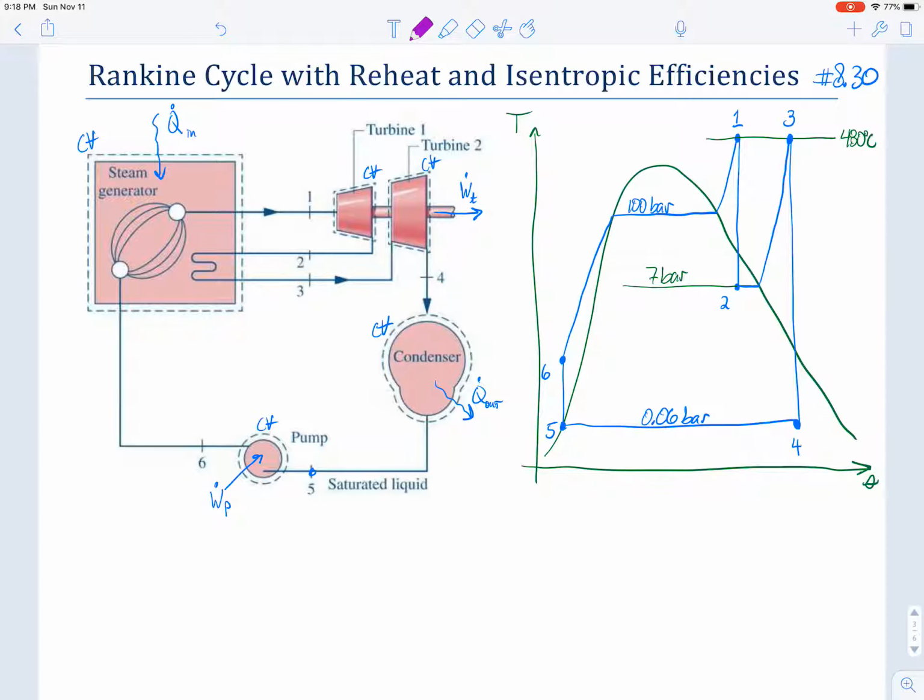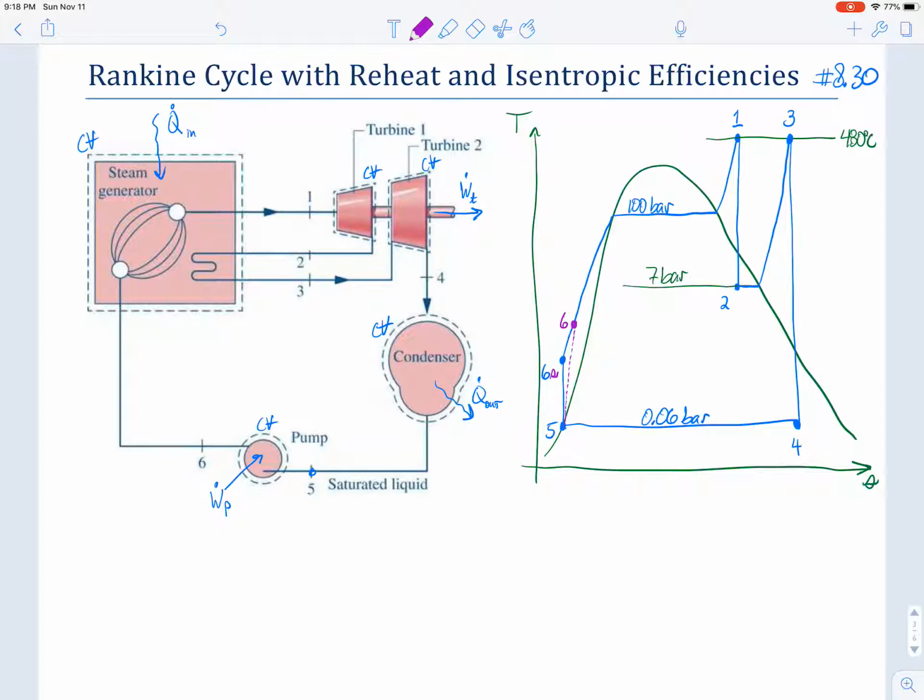And that means the pump is going to pump between 0.06 bar and 100 bar, but state 6 is going to be at a higher entropy level. So this actually becomes state 6s, the isentropic state, and this becomes state 6, the real state 6. And because of the irreversibilities, I no longer know the path, so I illustrate that with a dotted line between state 5 and 6.